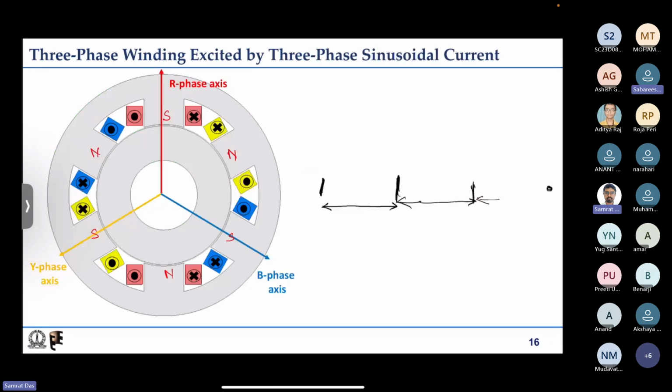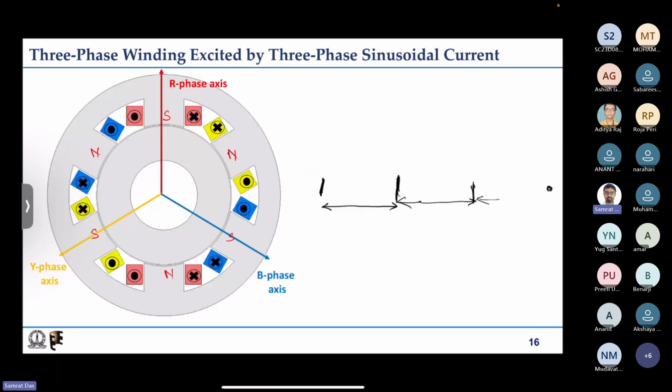Will it be a pulsating magnetic field or a rotating one with a higher magnitude? It will be a pulsating magnetic field only, because if you have zero sequence, what do you mean by zero sequence? Zero sequence is constant DC, right, in all the phases.